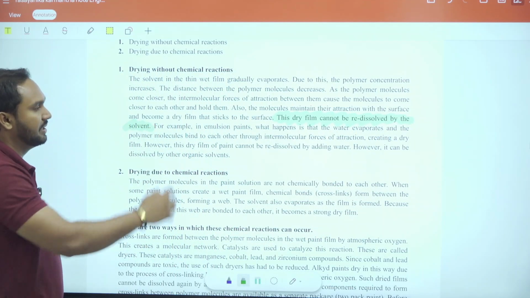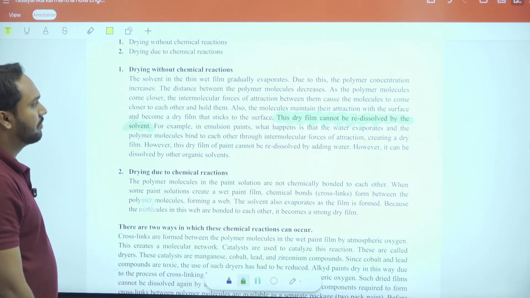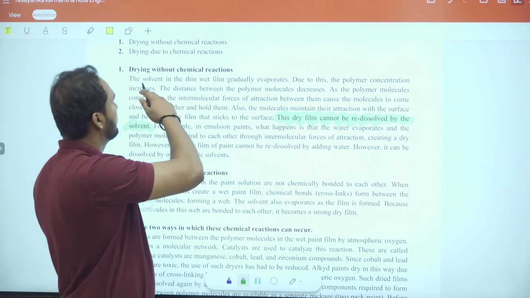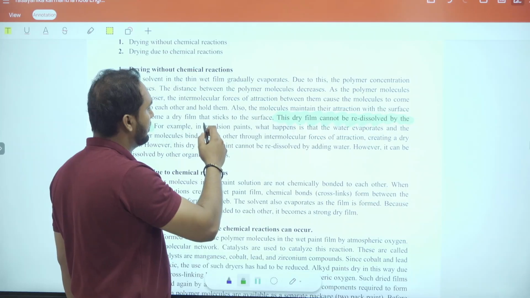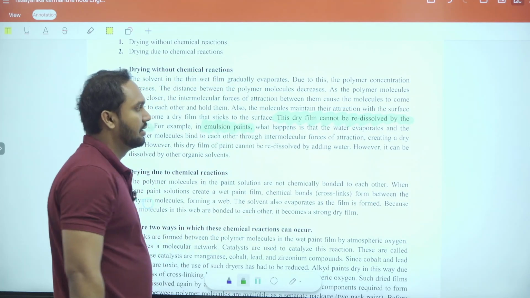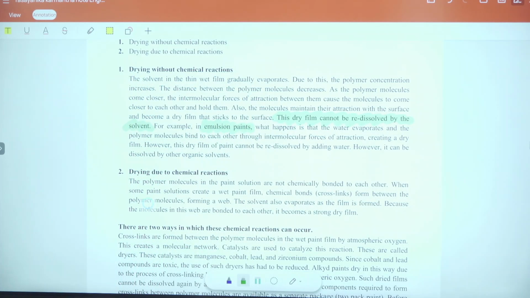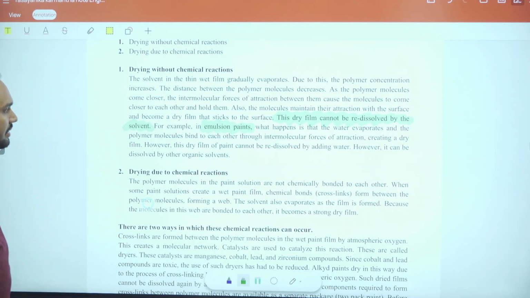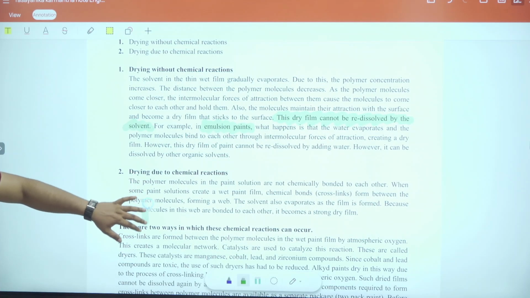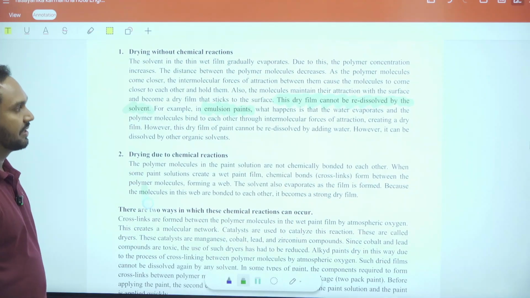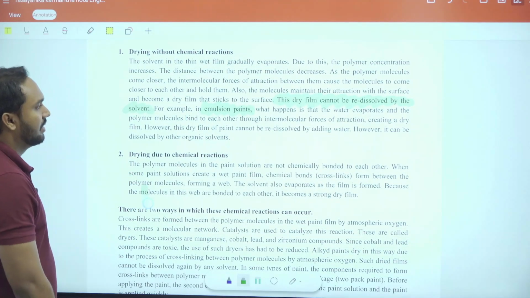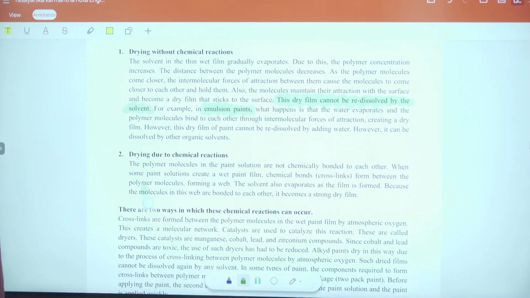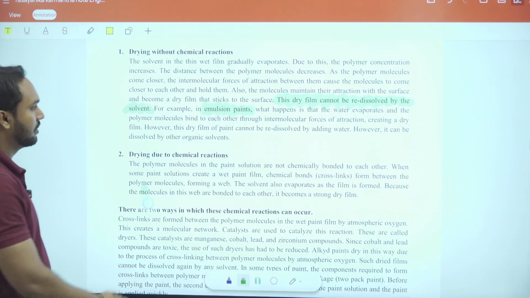For example, in emulsion paints, the water evaporates and the polymer molecules bind to each other through intermolecular forces of attraction, creating a dry film. However, this dry film cannot be redissolved by adding water. However, it can be dissolved by other organic solvents.